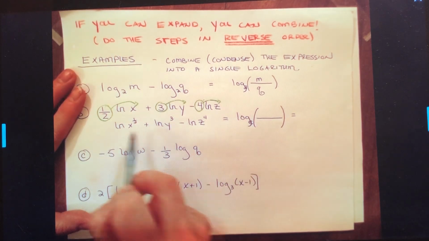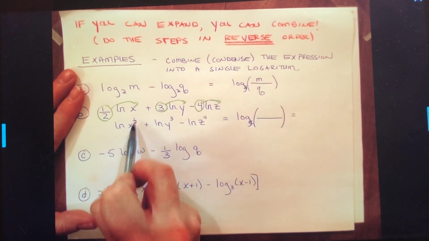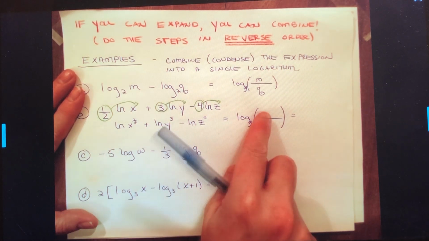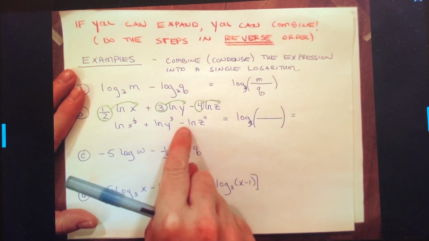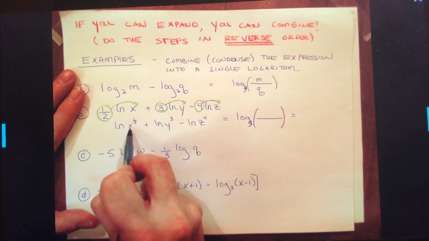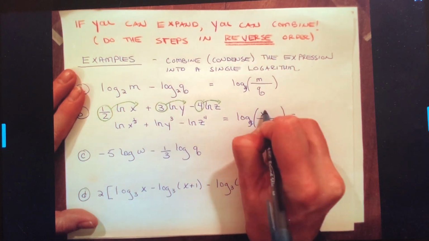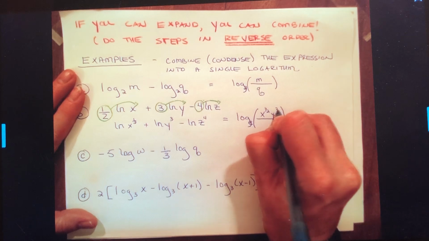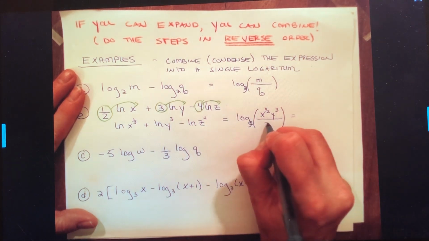If we combine these, the x to the 1/2 and the y cubed, they both have pluses, and so they're going to go in top. And the z to the 4th, that has a minus, so it's going to go down to the bottom. So I have x to the 1/2, y cubed, and z to the 4th goes down below.